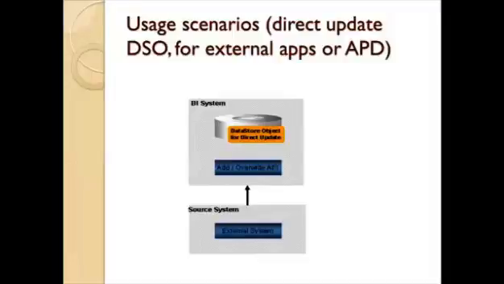For instance, after we perform data mining, we get some results, and we can write the results back to BW and store them in a direct update DSO. Or it can be used to get data from another application that is external to BW, but this way data has to pass through some kind of API. That's the use of a direct update DSO.